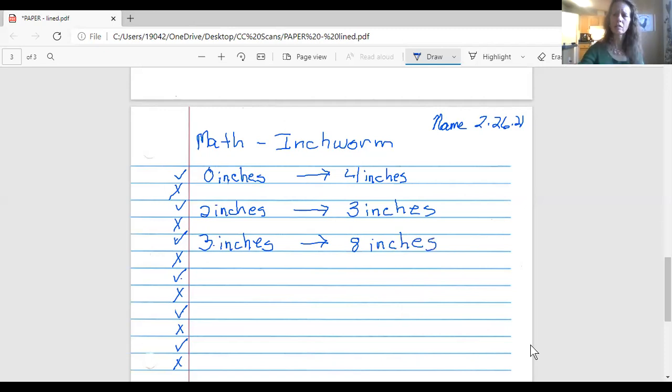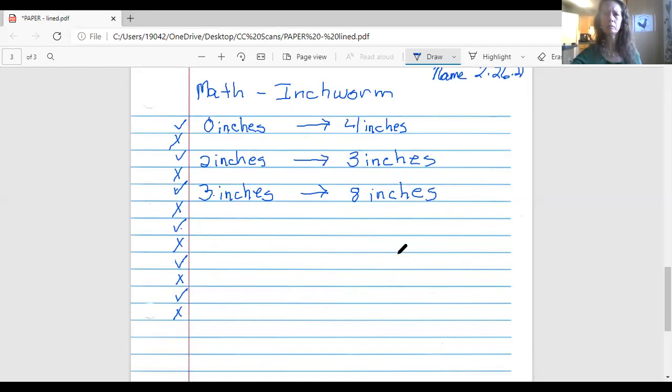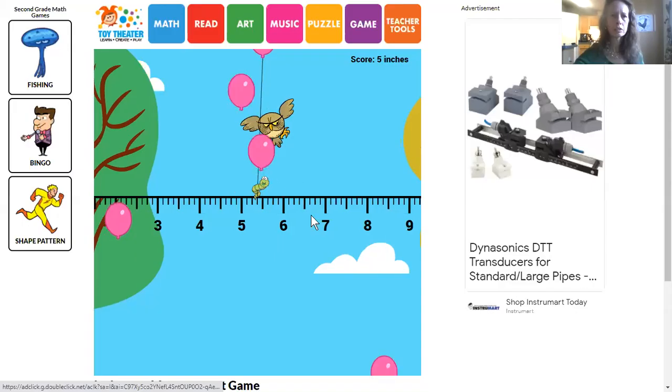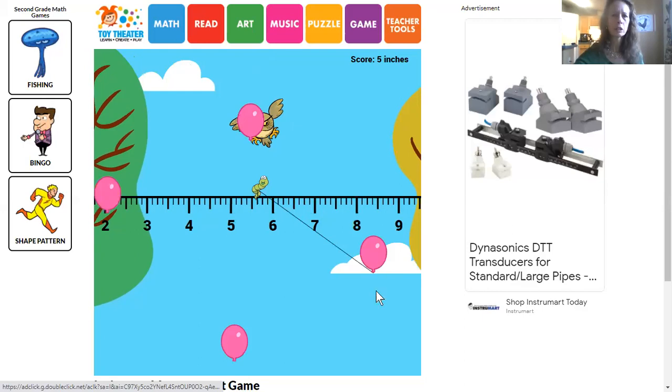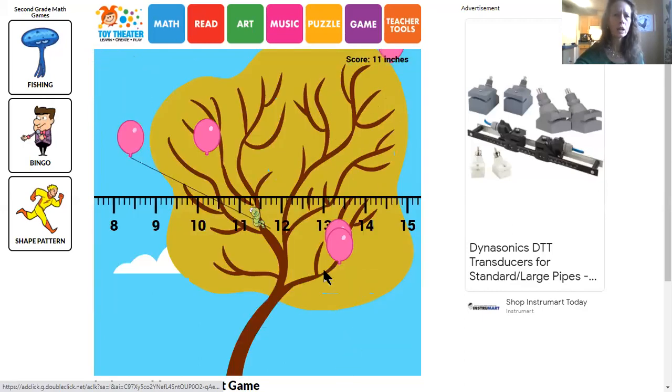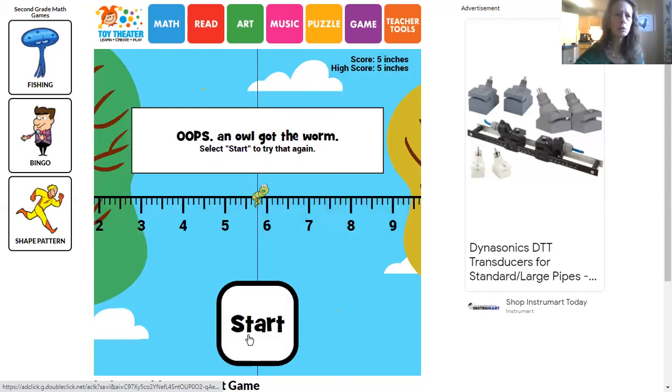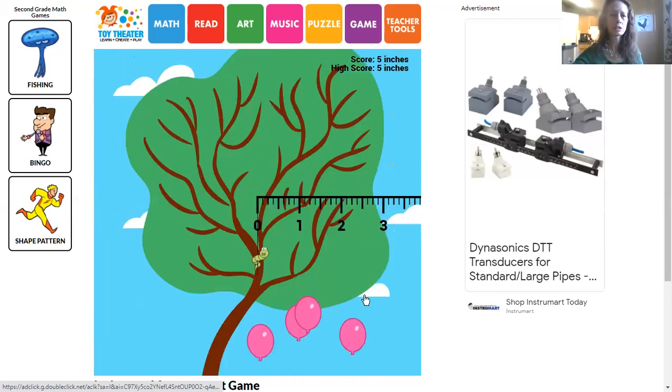All right, let's see what we can get him to do next. Here we go. He's just hanging there. Let's grab this one. Whoa! Oh, an owl got us. Oh no! Let's try that again. Oh, we got to start back at the start.